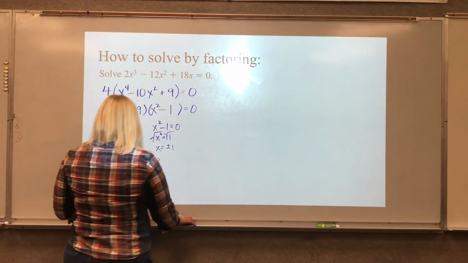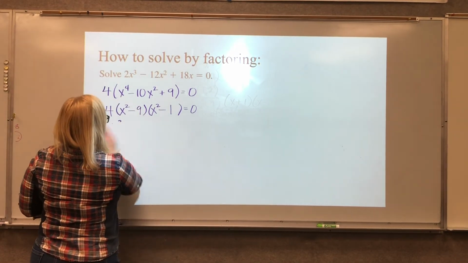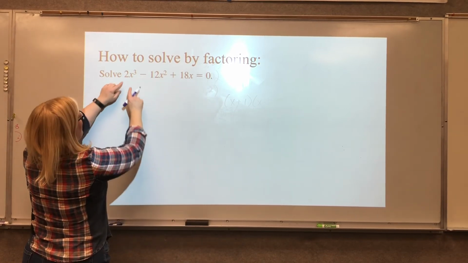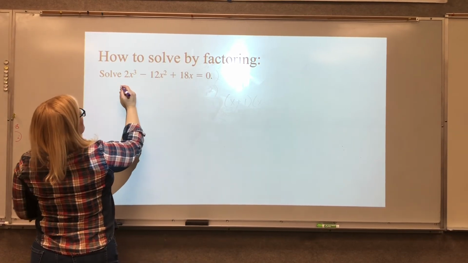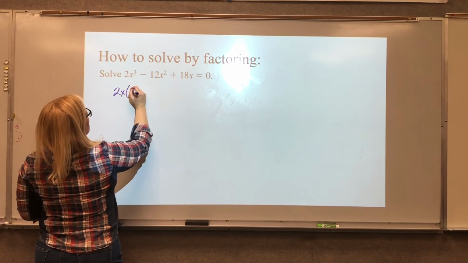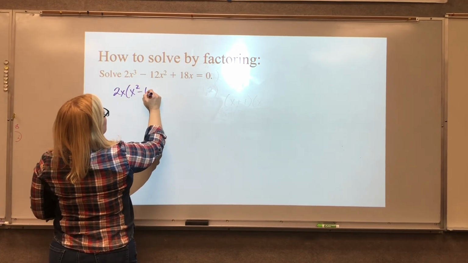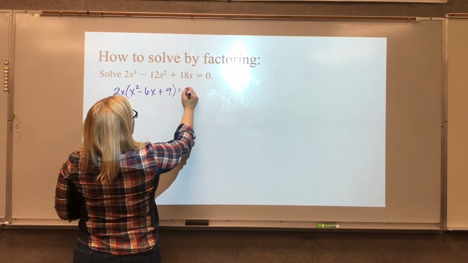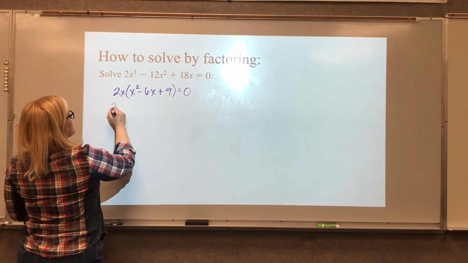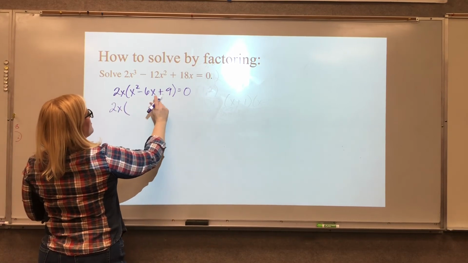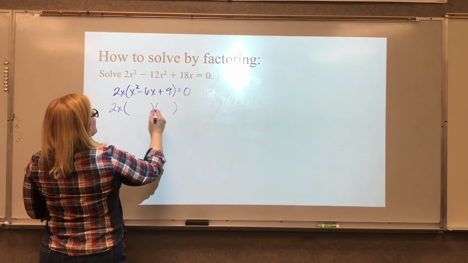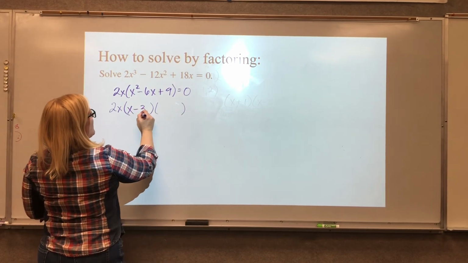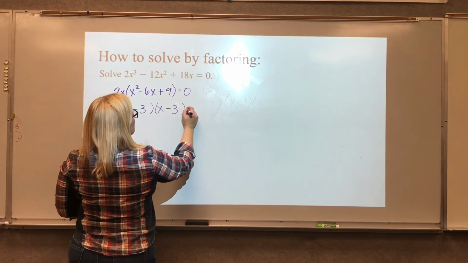Okay, so let's do another one. This one I can factor out a 2x. So I've got 2x, and then I'm left with x squared minus 6x plus 9 equals 0. Okay, so this one, what multiplies to give me 9 and adds to give me -6 is x minus 3 and x minus 3.